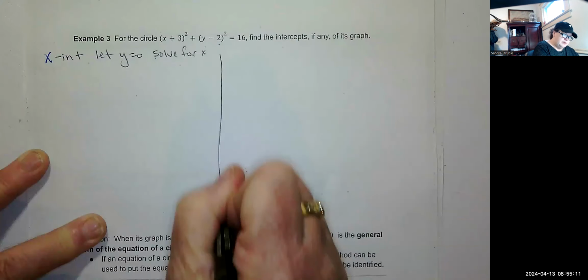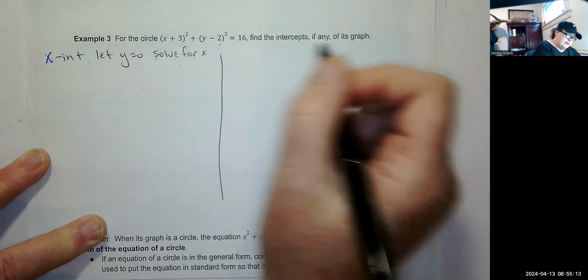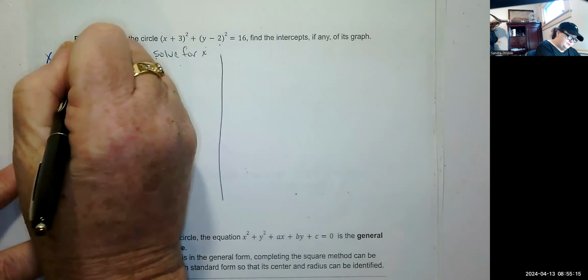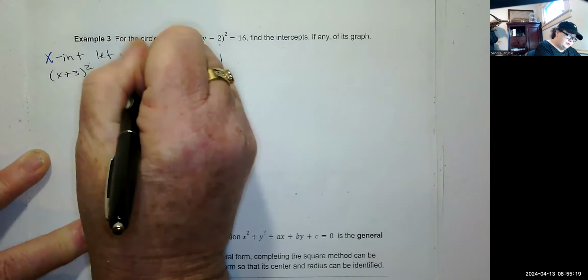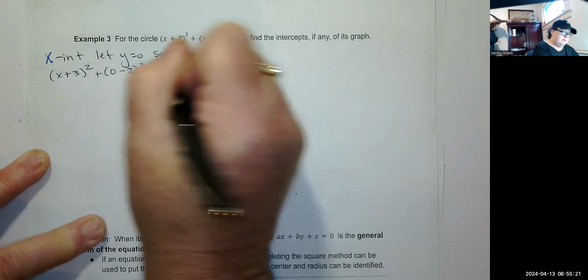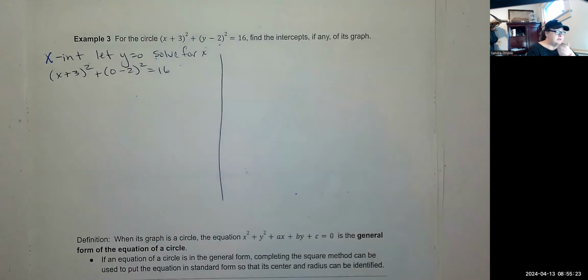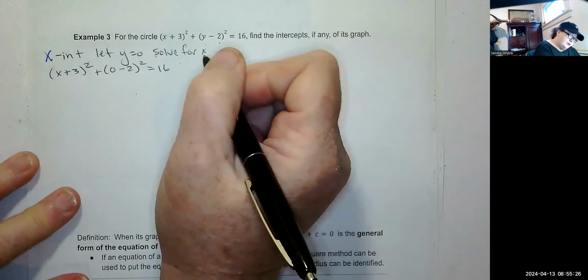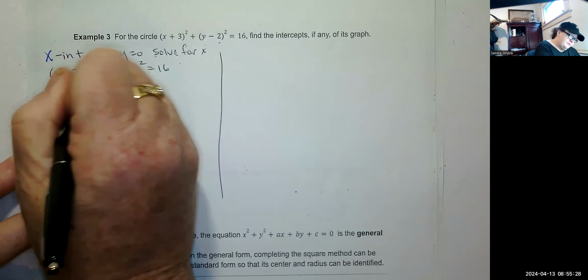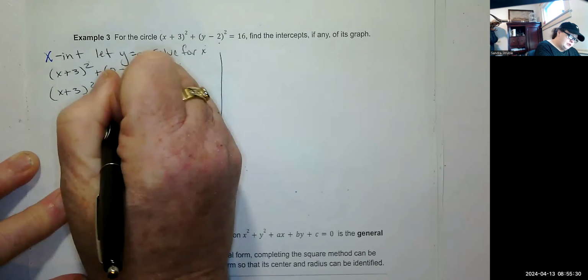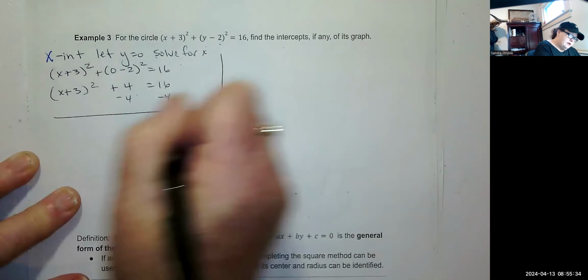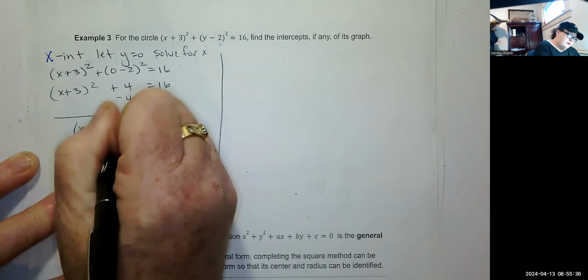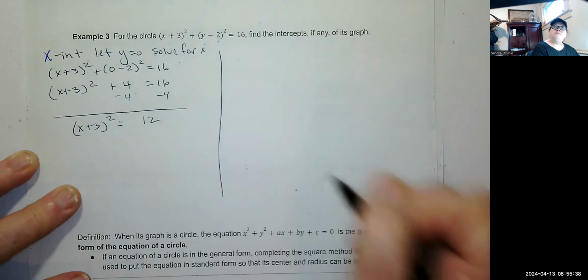So this is x plus 3 squared, the y becomes 0, minus 2 squared is equal to 16. And now we just need to solve for x. So this is x plus 3 squared plus 4 is equal to 16. Subtract 4 from both sides. x plus 3 squared is equal to 12.